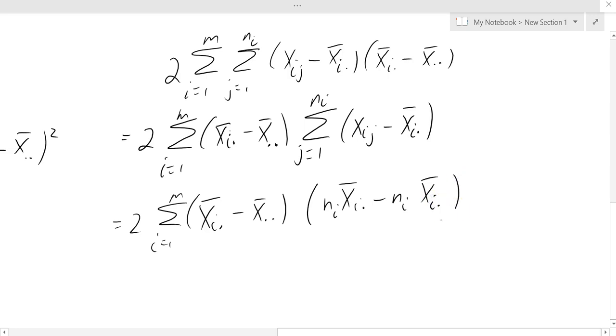I get the same term in both terms, is what we're going for here. The second one is easier to see because I'm just adding this to itself n sub i times. There's no j, nothing's changing. We agree? The first one is because I'm going across my category i, adding it up across the row.